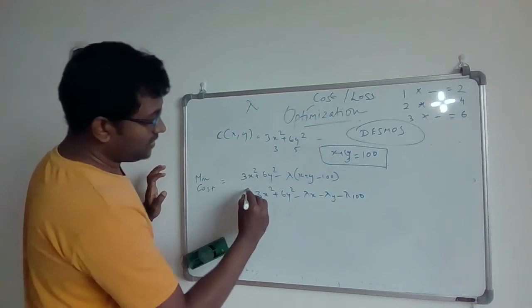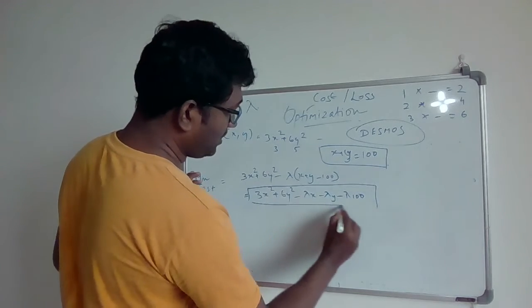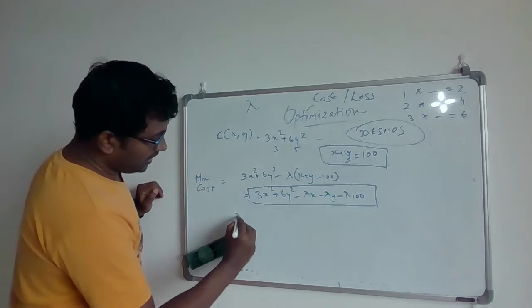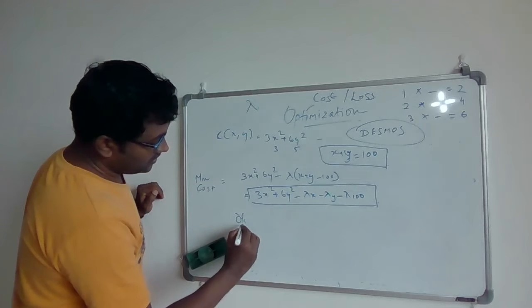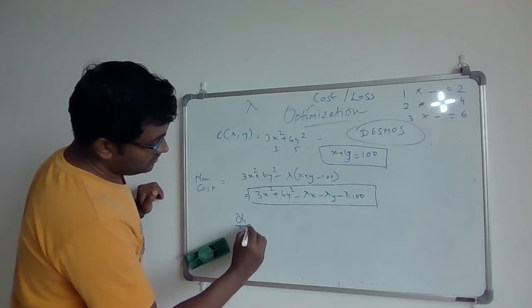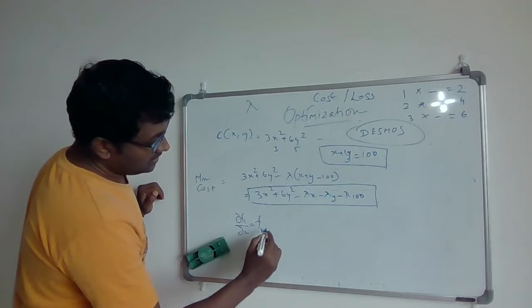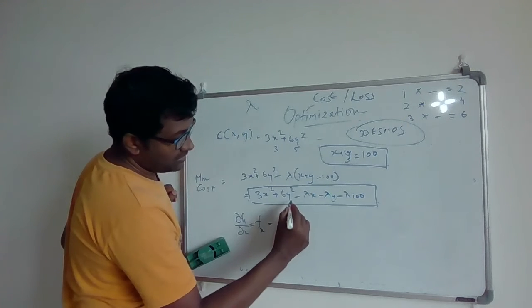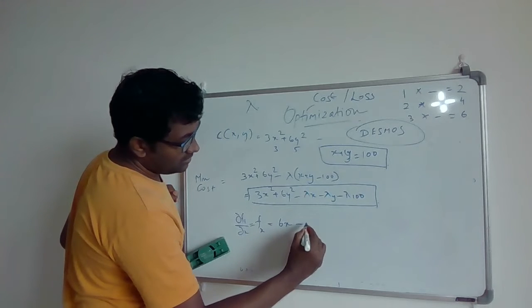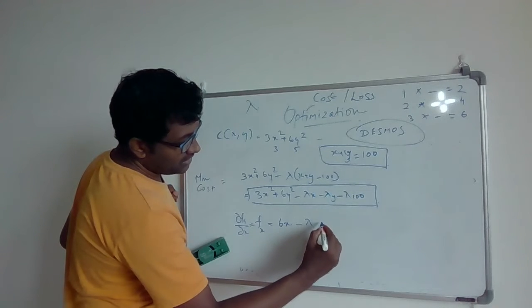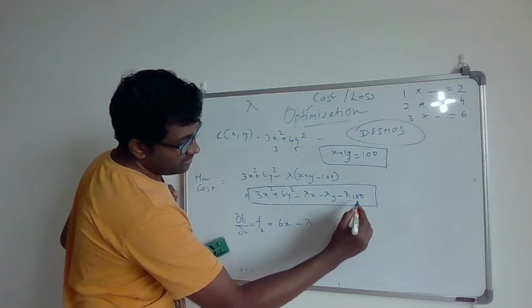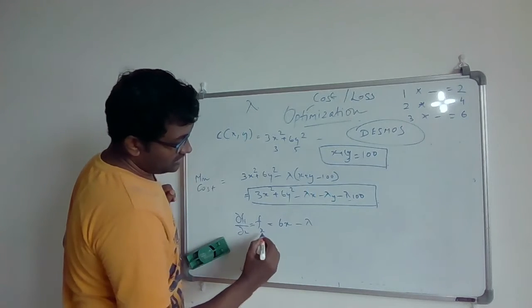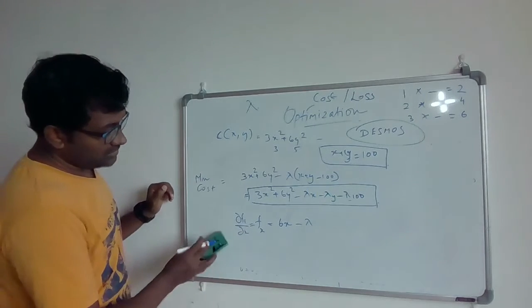So this is the function we are trying to find the minimum of. We again take the derivative with respect to x, which is also denoted as f subscript x. It becomes 6x. This becomes a constant, 0. This becomes minus lambda. This is again a constant, 0, because we don't have an x term here. This is the partial derivative with respect to x.